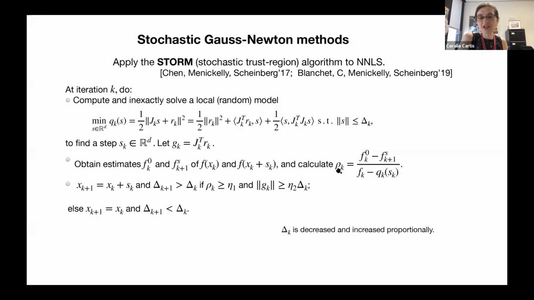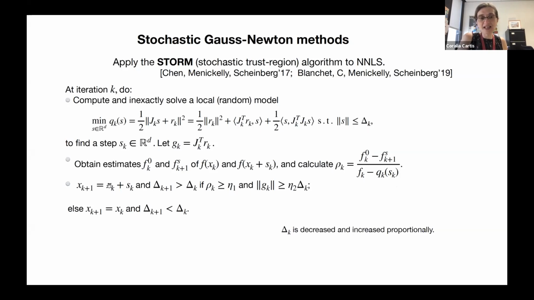So we are going to measure this rho that looks at whether the estimates go up or down. The estimated change in f improves when we have minimized this trust region model, so fk minus qk will be positive. We do minimize the model, and then we want to measure if the function decrease is positive, and it's a multiple of this model decrease.